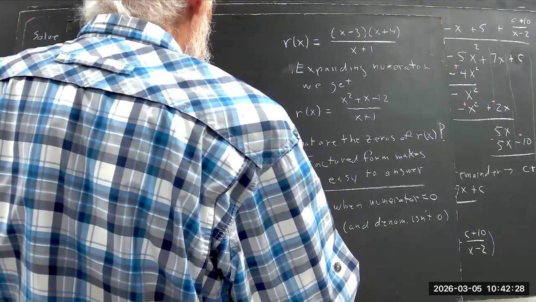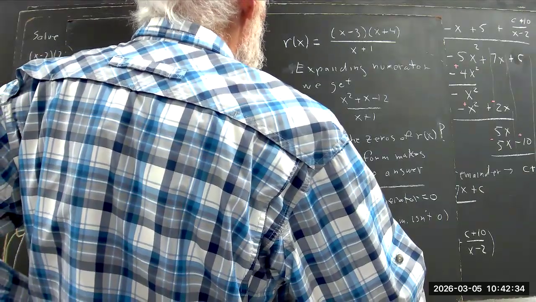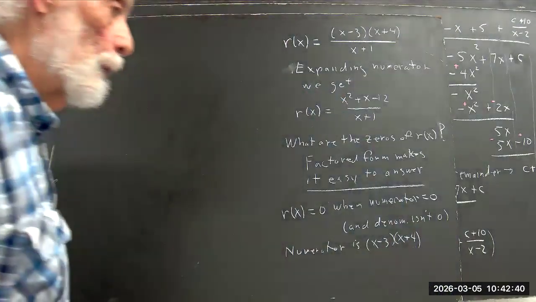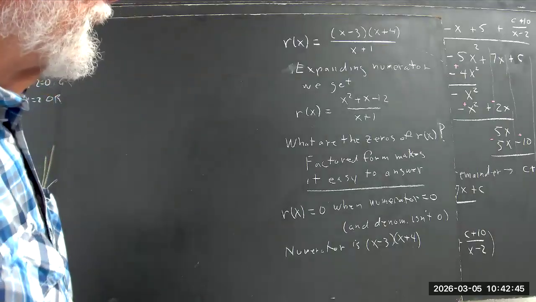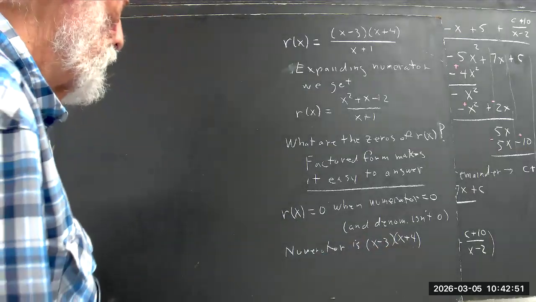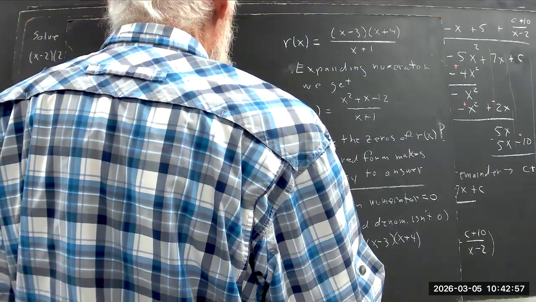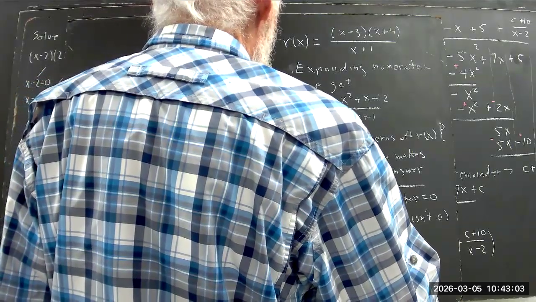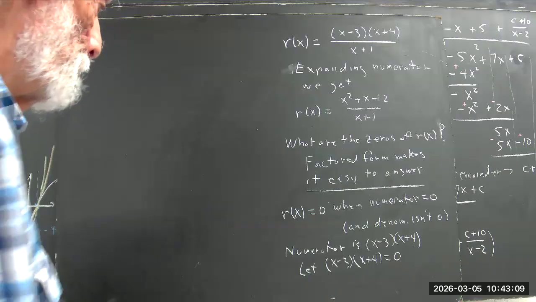Okay, well, the numerator is x minus 3 times x plus 4. I mean, it's also x squared plus x minus 12, but that could be factored into x minus 3 times x plus 4. That x minus 3 times x plus 4 equals 0.